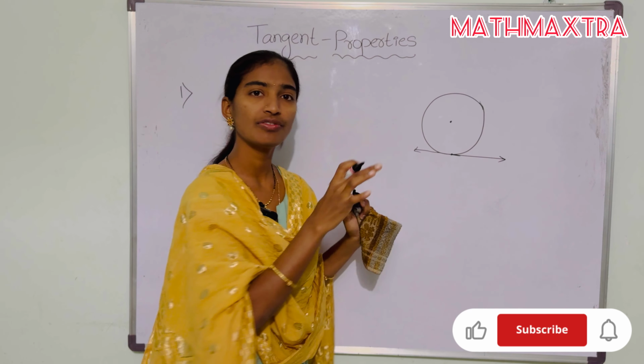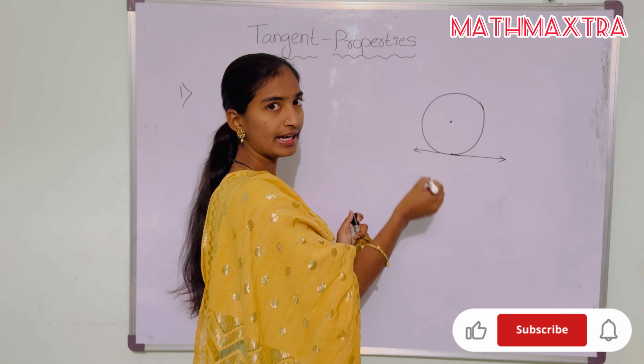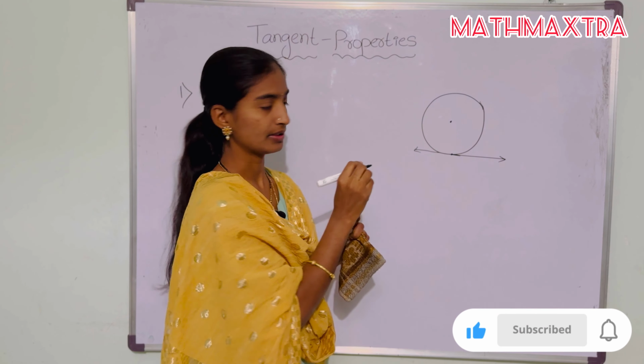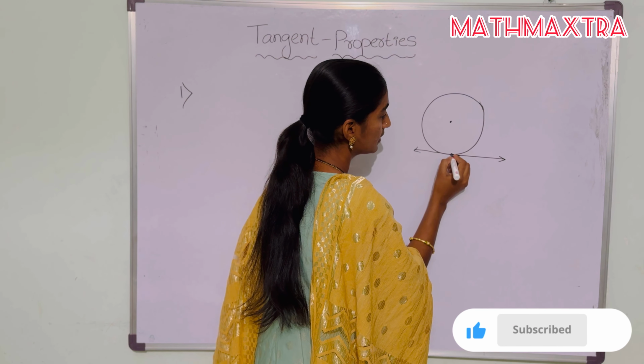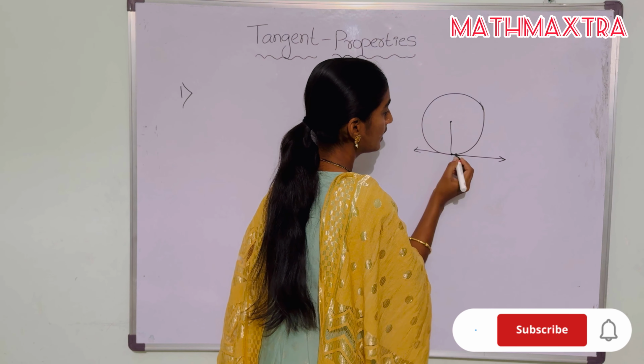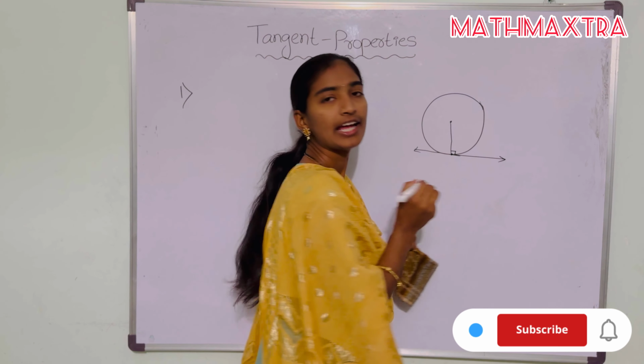So this tangent of a circle is always perpendicular to the radius through the point of contact. Means if you draw a radius through the point of contact, like this, this radius is always perpendicular to the tangent line.